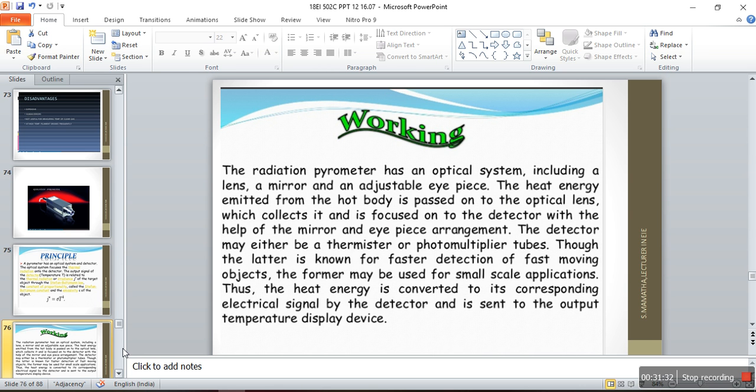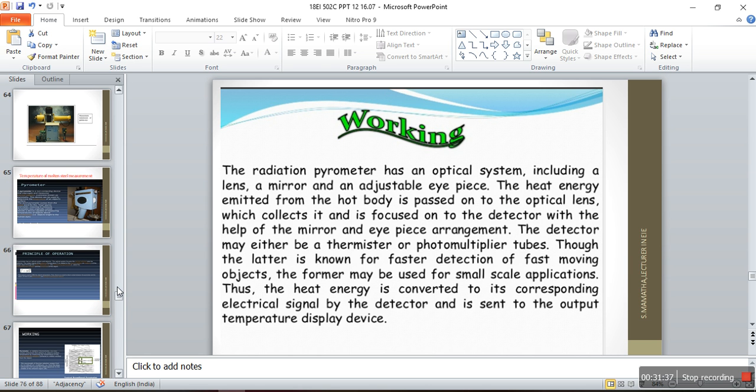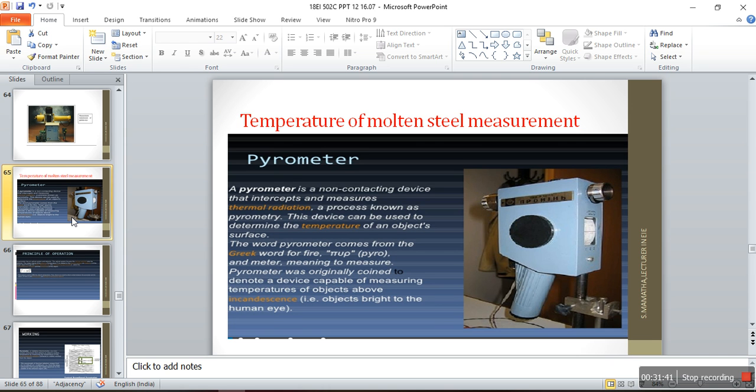We have discussed a lot of parameters in today's class. What are those? First, temperature measurement of molten steel. Temperature is generally measured by using thermometers, thermocouples or RTDs, but high temperatures are measured with pyrometers. A pyrometer is a non-contacting device.